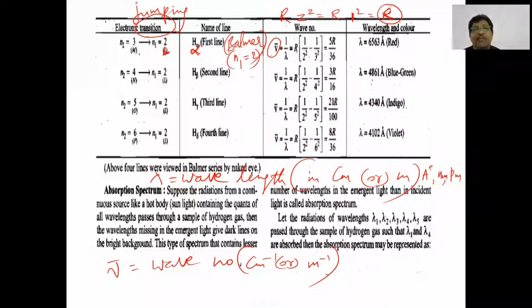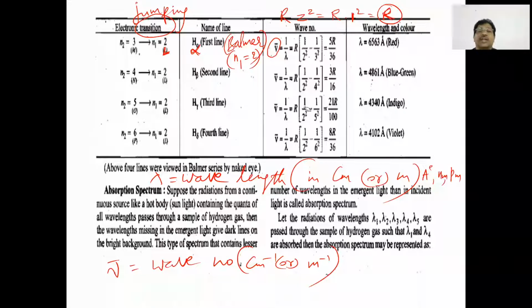So instead of R Z square, we have taken R. R into 1 by n1 square minus 1 by n2 square. We are getting 5 by 36. So 5R by 36 we got here.